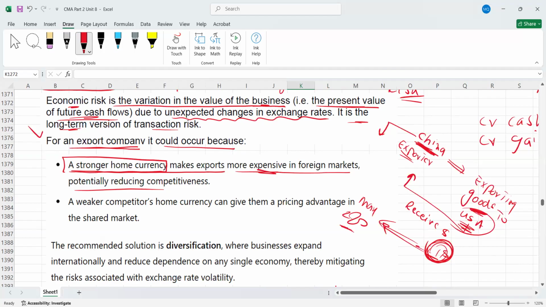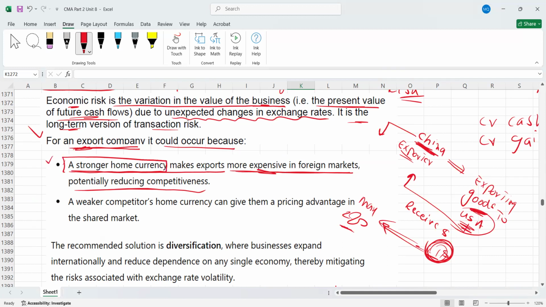The strong home currency makes exports more expensive in the foreign markets, potentially reducing the competitiveness. So it's not a good sign. It's a risk to the exporter, right? Risk to the exporter is what? If you are exporting, the risk is that your local currency may become stronger. If it becomes stronger, your product will become expensive also.